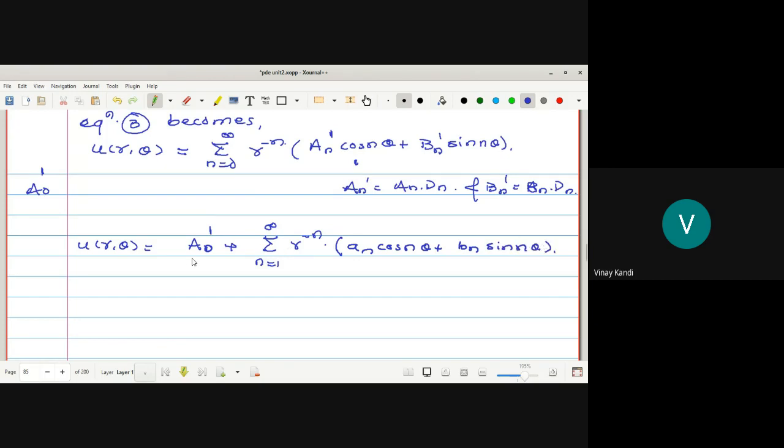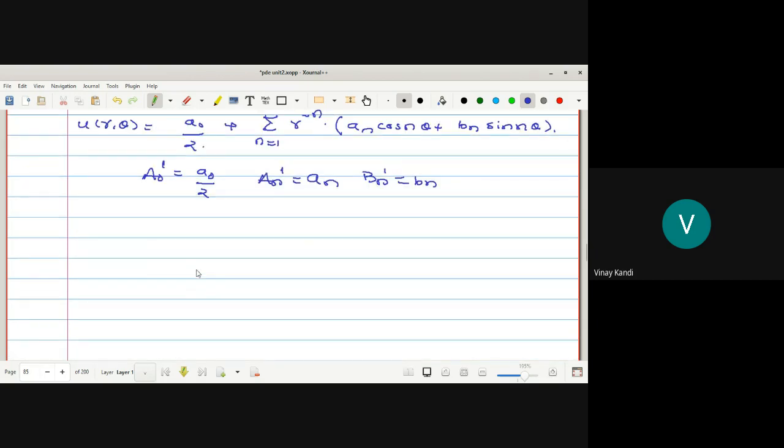Now put the value of a naught dash equal to a naught upon 2. For our understanding, I have taken a naught dash as a naught upon 2, and a n dash equal to small a n and b n dash equal to small b n.